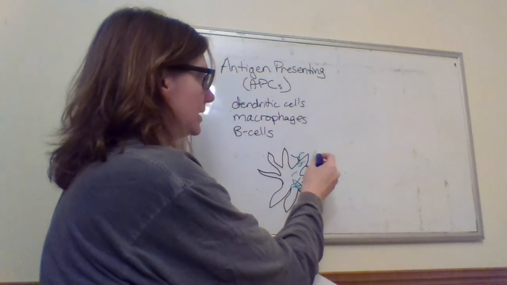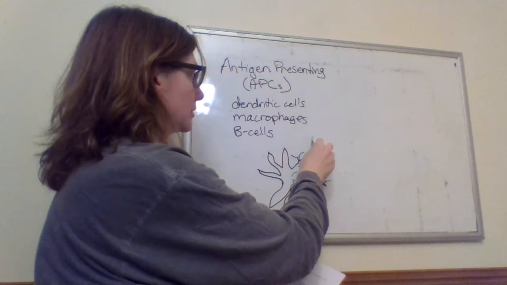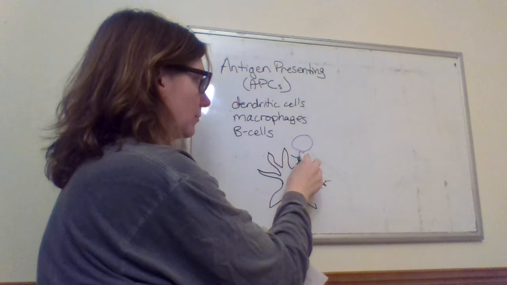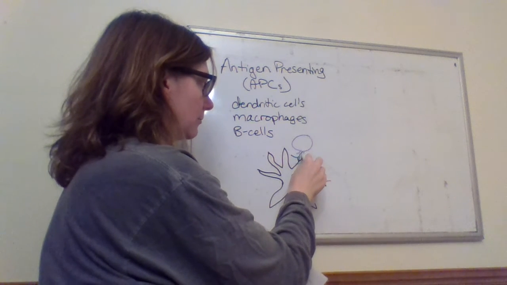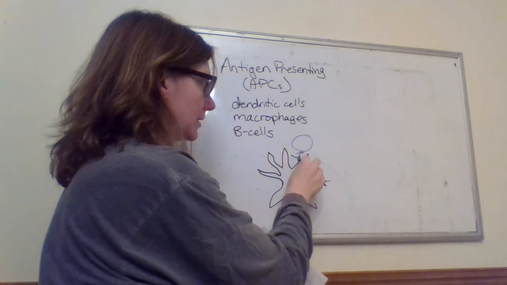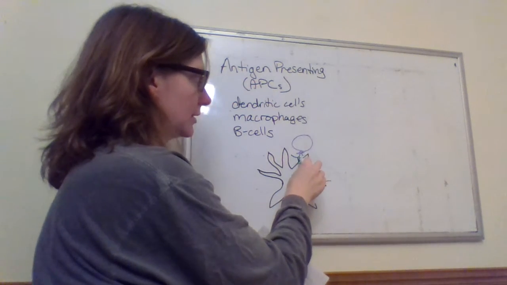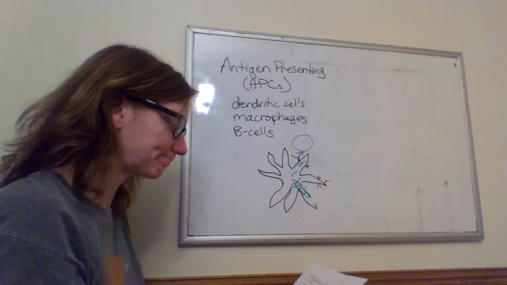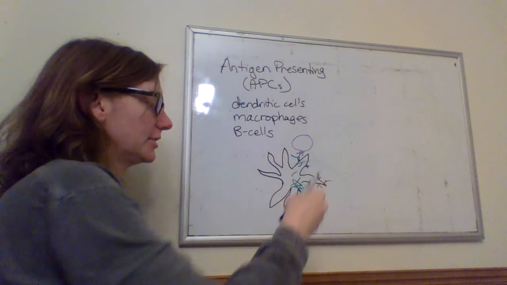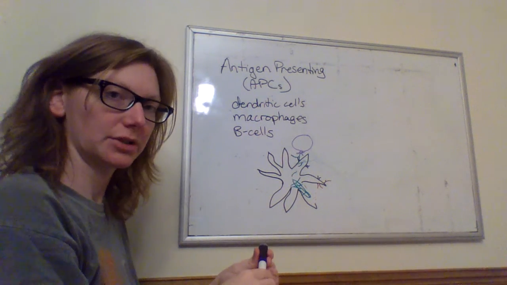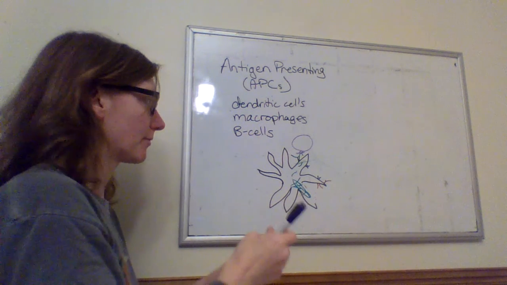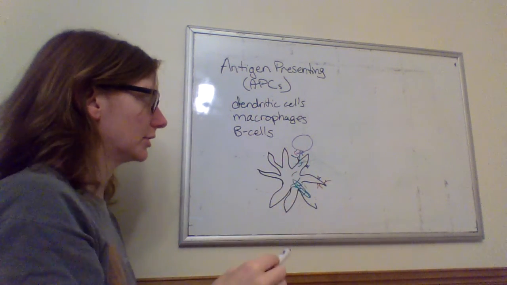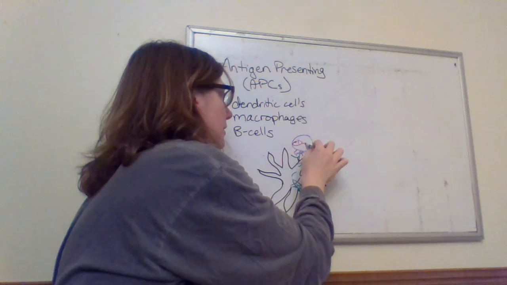So when a T cell comes along with a receptor site that matches this antigen, and there's the matching receptor site, it's also going to have a little helper called a CD4 complex.